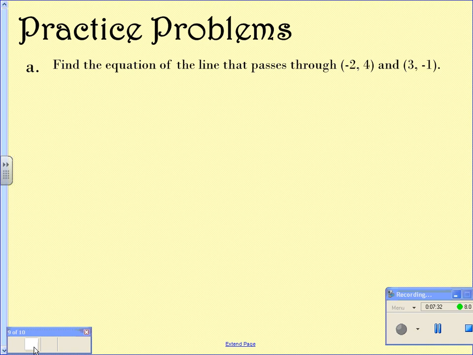So see if you can figure out the equation of this line. It goes through negative 2, 4, and 3, negative 1.